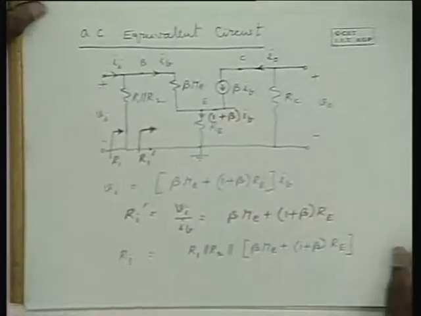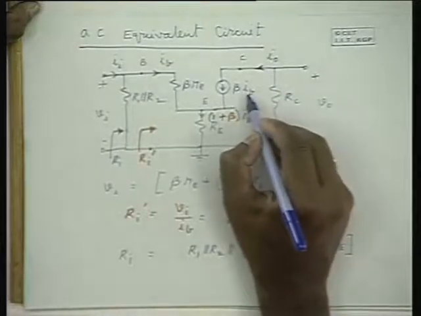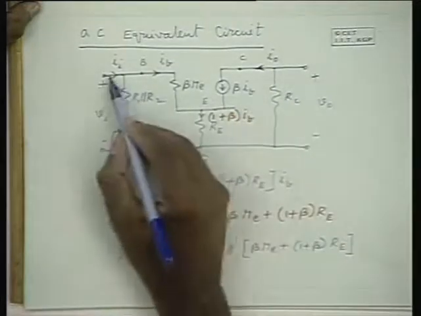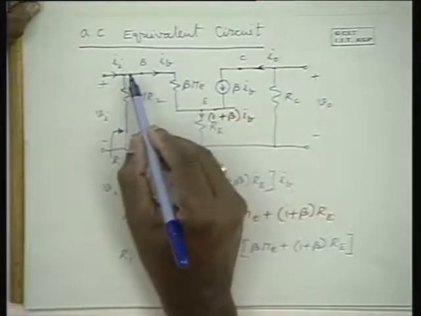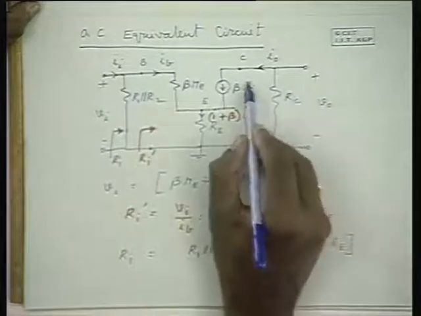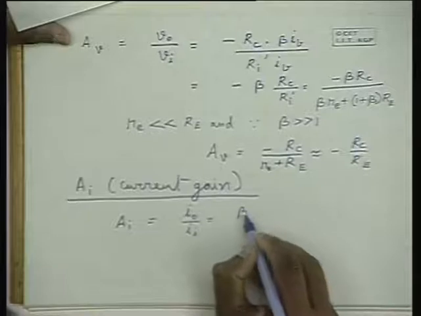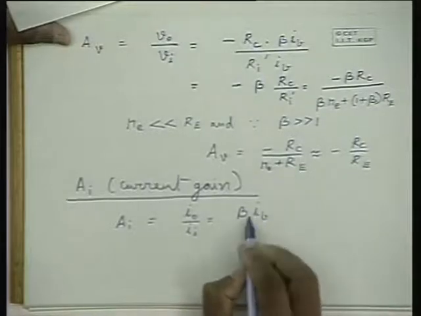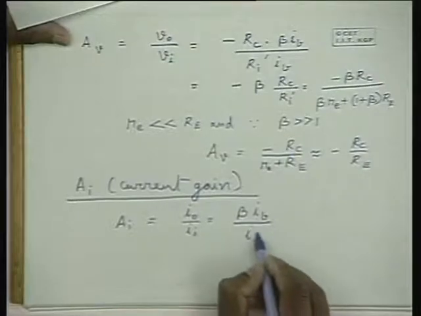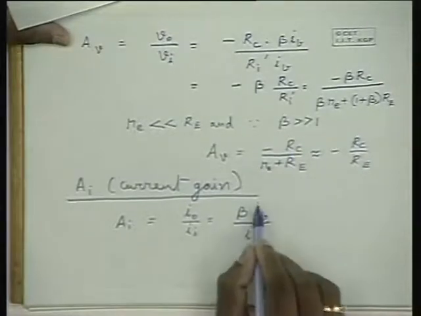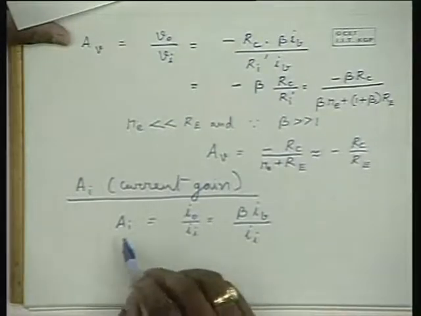Now looking at the equivalent circuit here, the output current is beta IB and the input current is Ii. Output current is beta IB divided by the input current. Now if we know the ratio between IB and Ii, we can get an expression for the current gain.